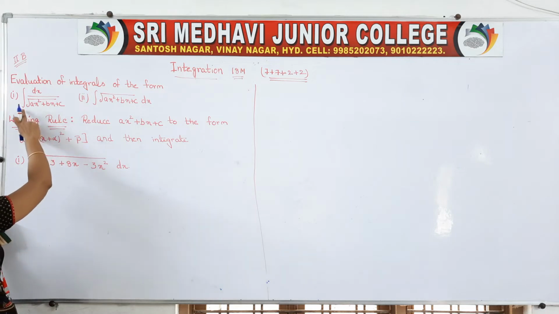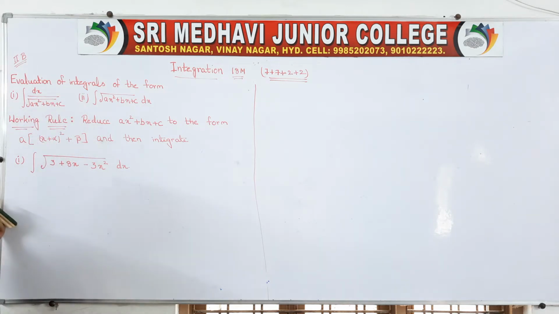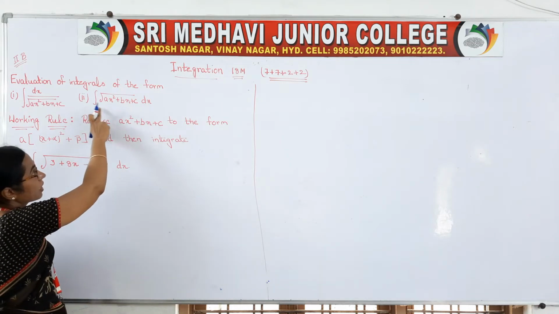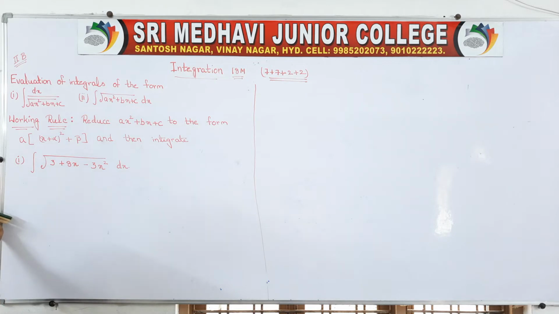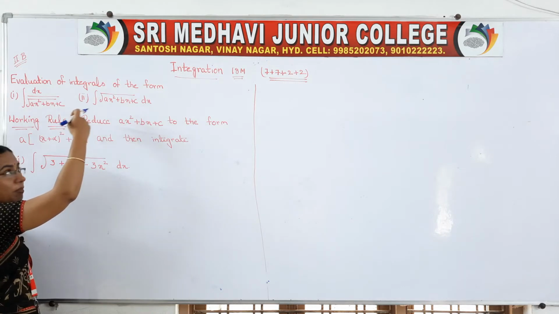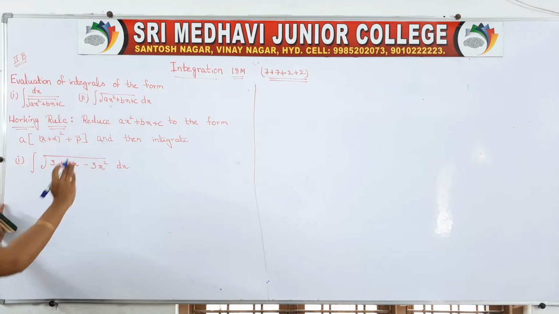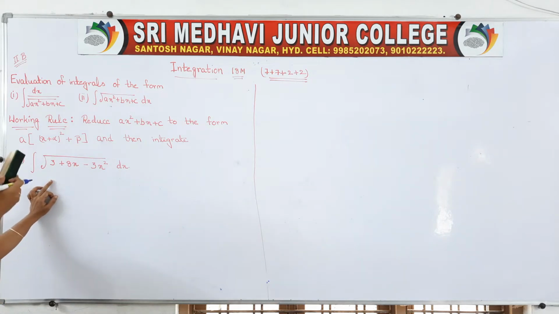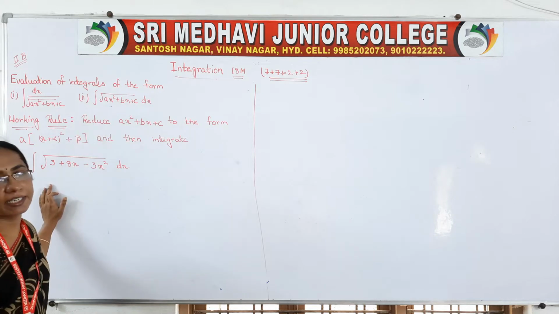This one is integral dx by root of ax square plus bx plus c, and the second one is integral root of ax square plus bx plus c. Okay, so root is there. This one is a little bit easy, just like our previous method, and this is a little bit lengthy, not complex. So I have taken one problem based on the second type of method.